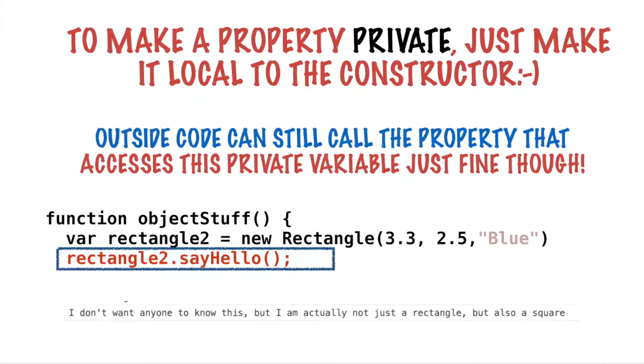So rectangle2.sayHello should print out, I don't want anyone to know this, but I'm actually not just a rectangle, but also a square. This is allowed. However, accessing the private var from outside directly is an error and will only give you undefined.